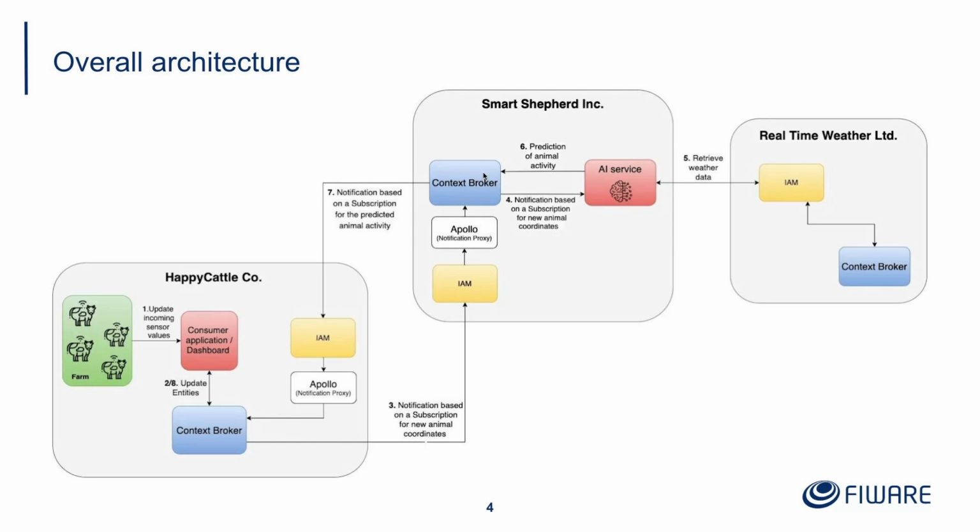Yeah, so, in our situation, we will need to do 3 subscriptions. The first one will be that Smart Shepherd subscribes to Happy Cattle to receive notifications for new animal coordinates. It is explained by this arrow here.